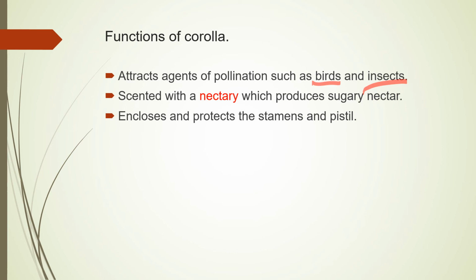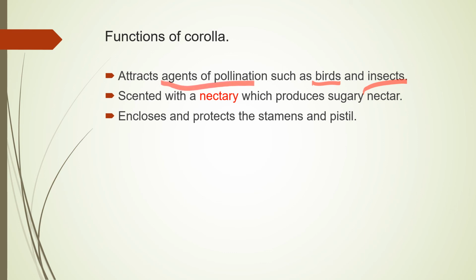Whenever you go to a garden where there are flowers, you will see that for their bright colors, bright scent and beautiful juicy nectar, butterflies will come, bees will come, other insects will come. So they are helping in pollination, and they are the agents of pollination.